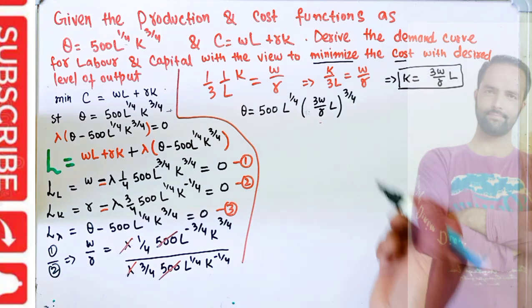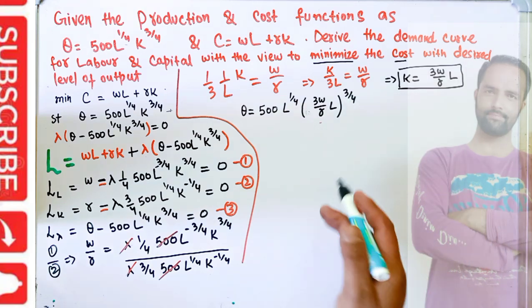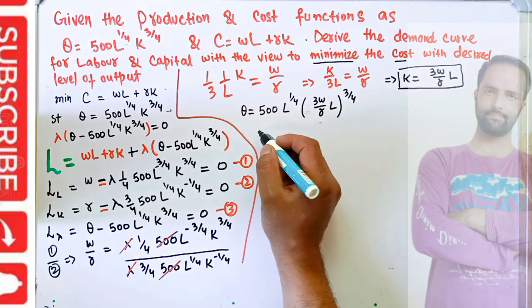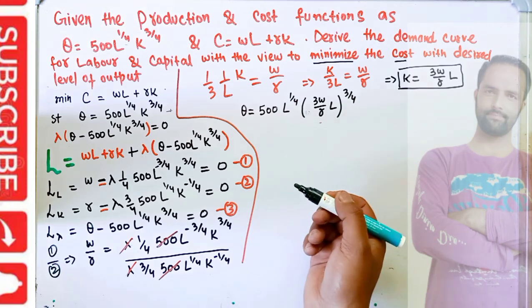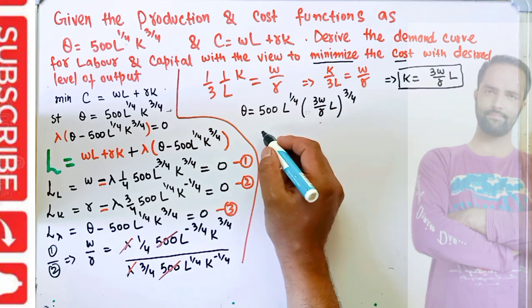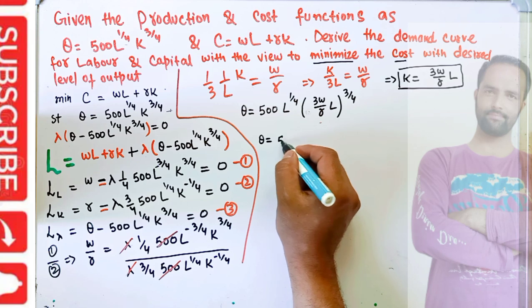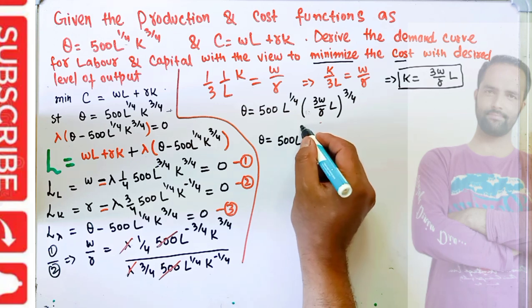Let us solve it. So q is equal to 500 l to the power 1 upon 4.